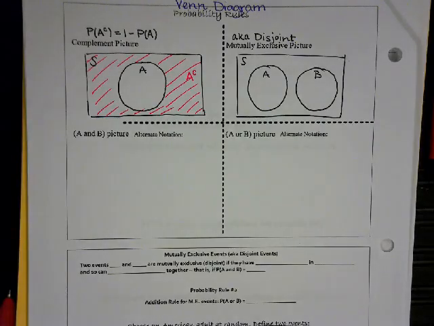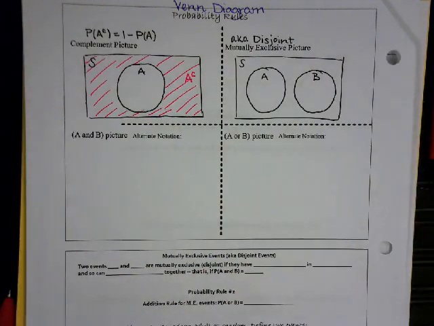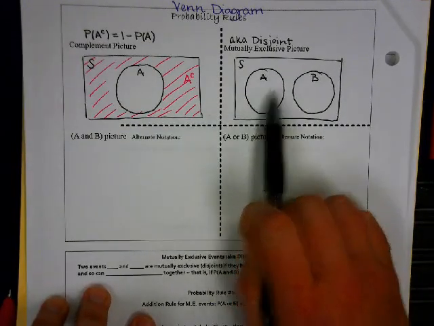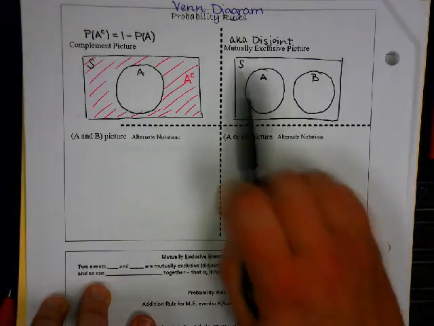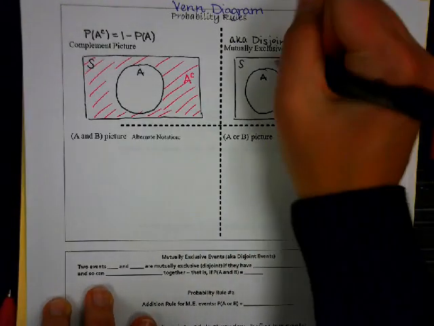So you have A, you have B, they can't happen at the same time, so they're mutually exclusive. Outside of the circle A and the circle B, so everything left in the sample space, would be A complement and B complement. A is not happening and B is not happening.